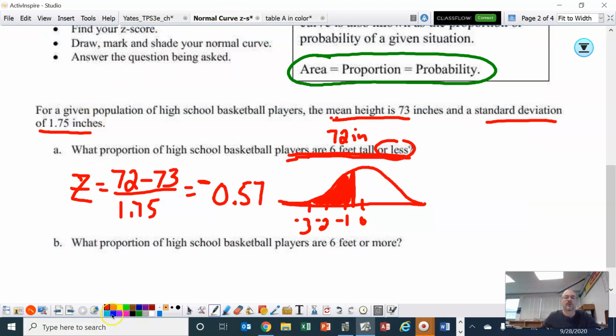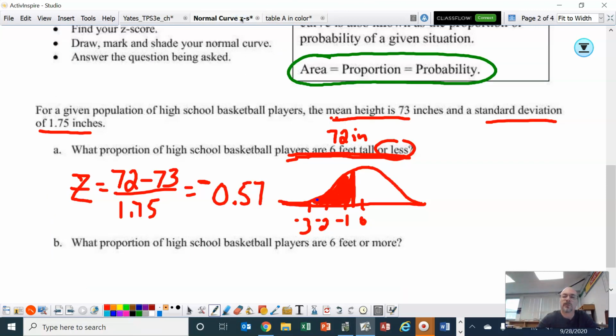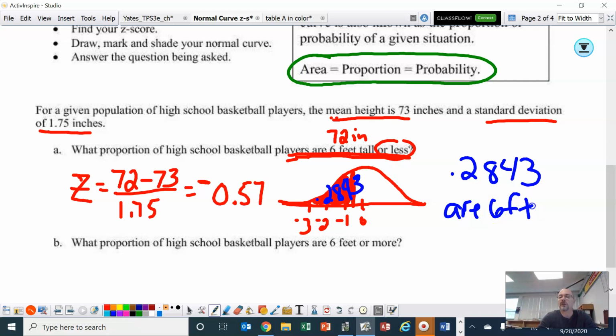Again, that's 0.2843. Okay, that's a 4, not a 9. Now, the answer to this question is 0.2843 are 6 feet or shorter.